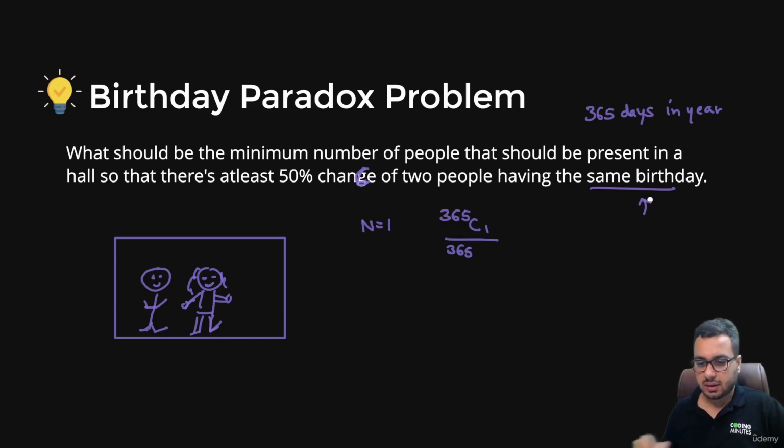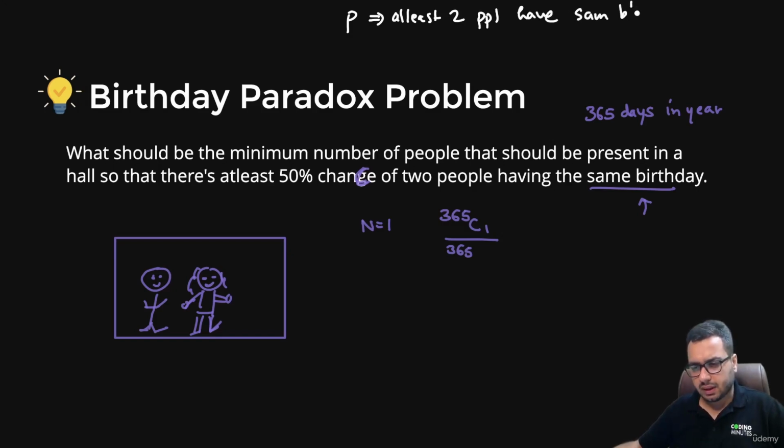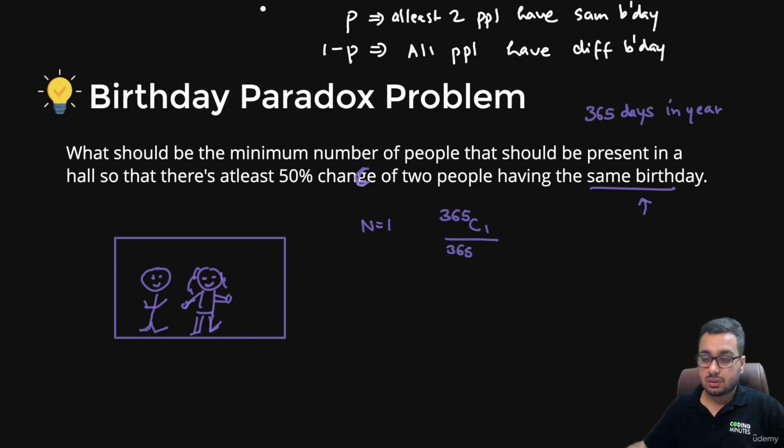If p denotes the chance that at least two people have the same birthday, then 1 minus p denotes the probability that all people have different birthdays. These two are complementary.